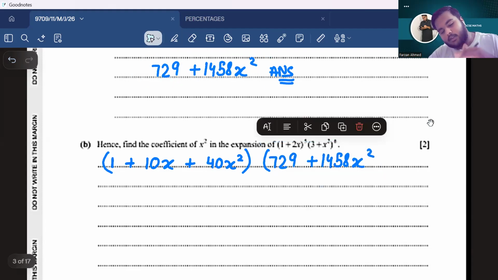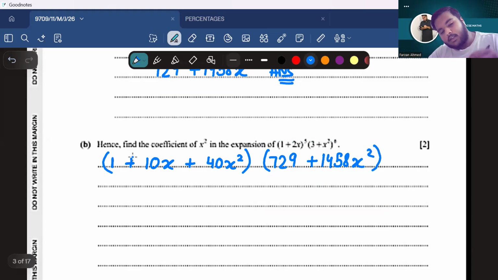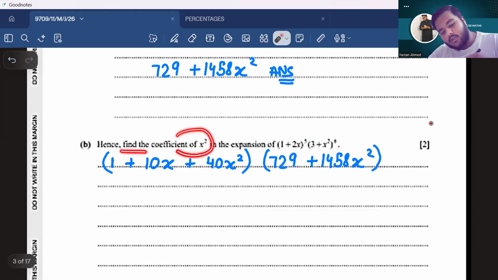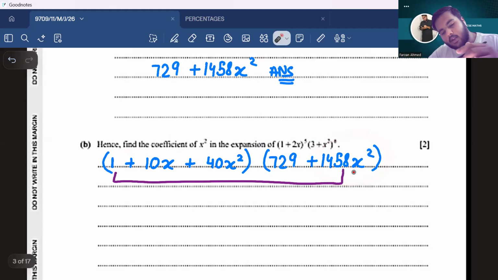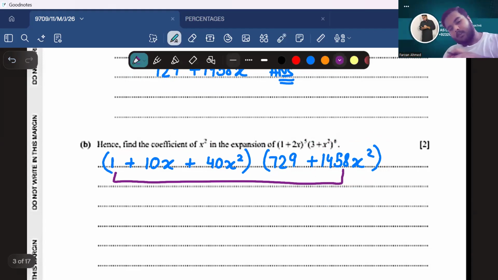They are saying find the coefficient of x square. See, if we multiply 1 with 1458 x square, we can get x square. And we can also multiply 729 with 40.